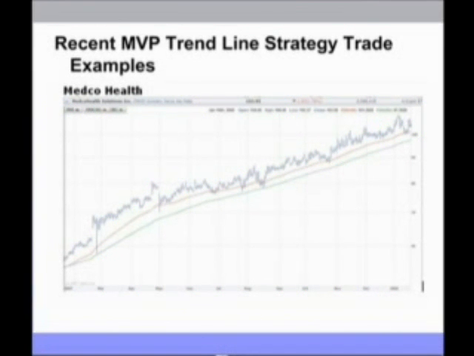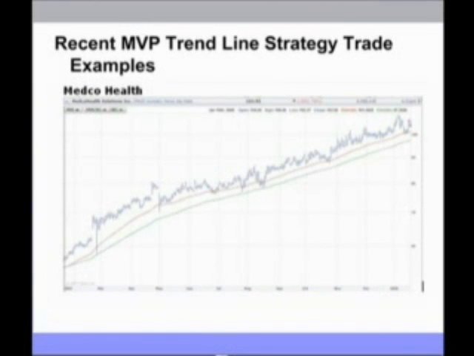Now here's some recent examples of MVP trendline strategy trades. This is a daily price chart for Medco Health, and the 40-day trend line is this red trend line, and the 80-day is the green trend line.